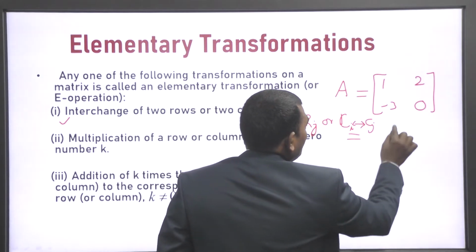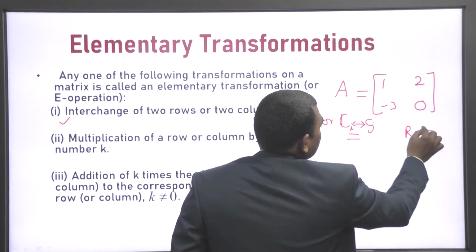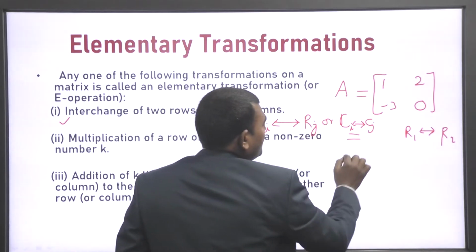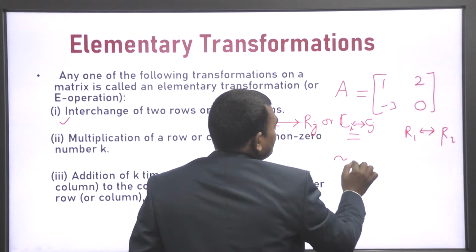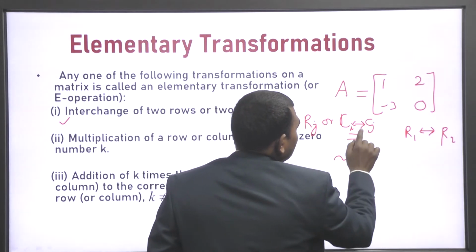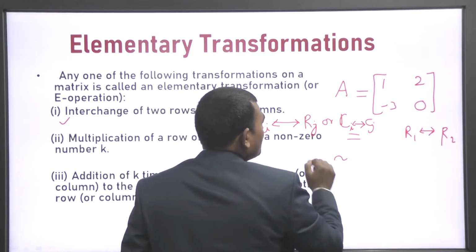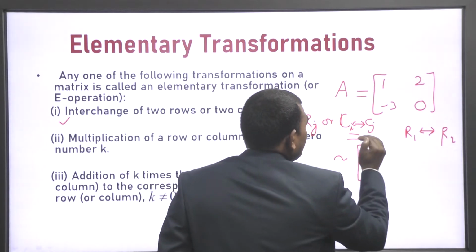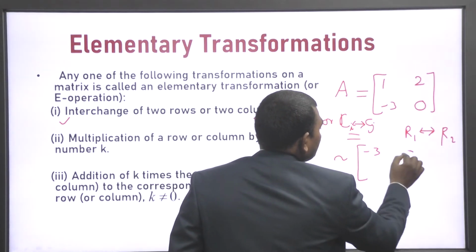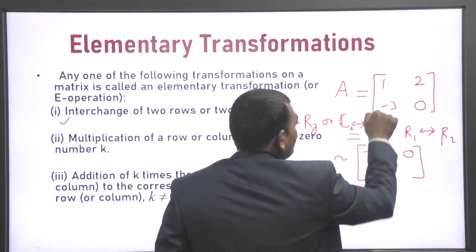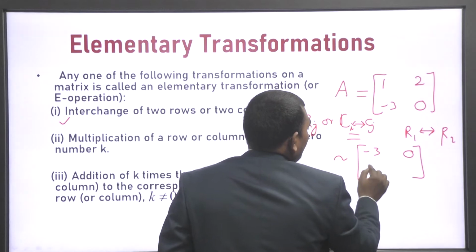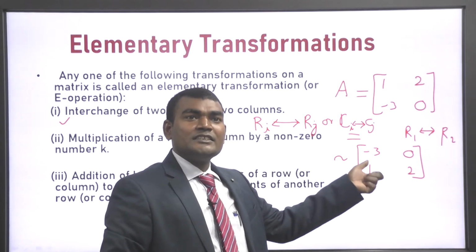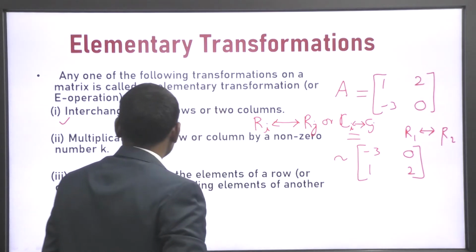For example, if we interchange R1 with R2, then we get an equivalent matrix. This is the symbol of equivalent; after some time we shall read about equivalent matrices. Then it will be equivalent to the matrix where the second row becomes the first row, minus 3 0, and the first row becomes the second row, 1 2. So, this is the first elementary transformation, the interchange of two rows or two columns.